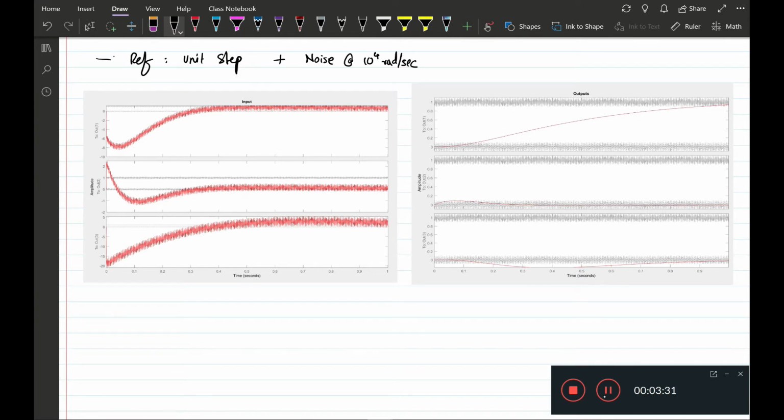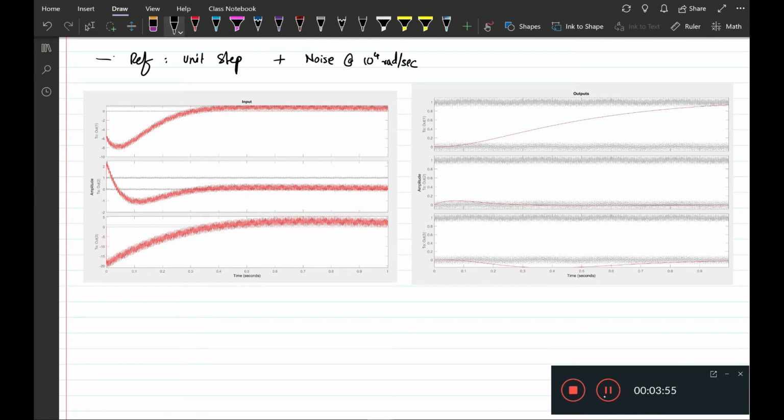As we already analyzed from the frequency domain plots, we see that the output Y is unaffected by the noise here, and you see almost an identical output as we saw earlier without the noise, whereas the control input is extremely jittery.